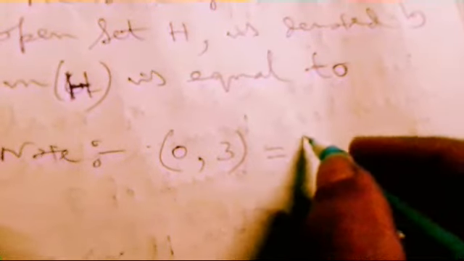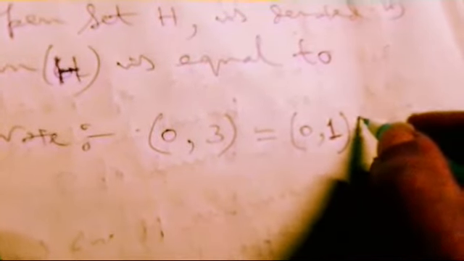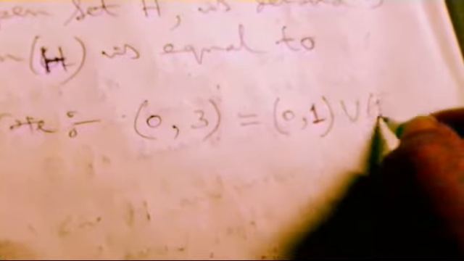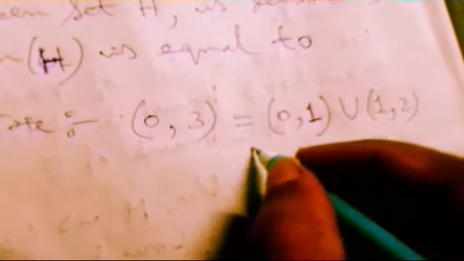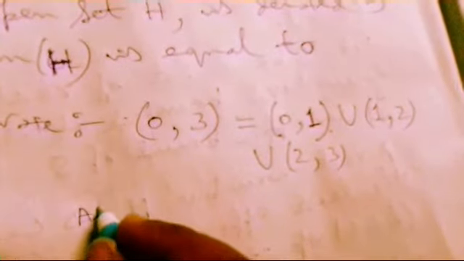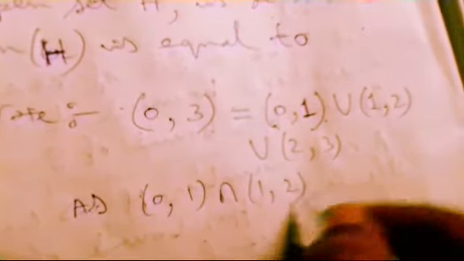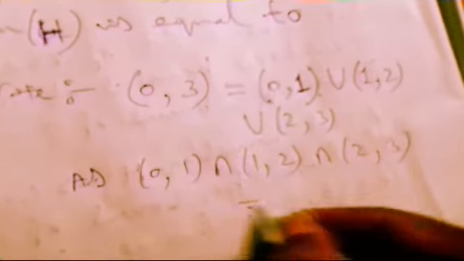It is clear that (0, 3) can be subdivided as (0, 1) union (1, 2) union (2, 3), and we see here all are disjoint: (0, 1) intersection (1, 2) intersection (2, 3) is empty.